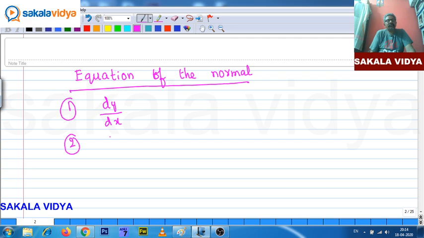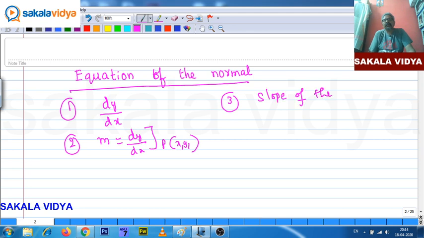Second step, we need to find m, the slope of the tangent only, dy by dx at P (x1, y1). Then the slope of the normal is equal to minus 1 by m, because the normal is perpendicular to the tangent.